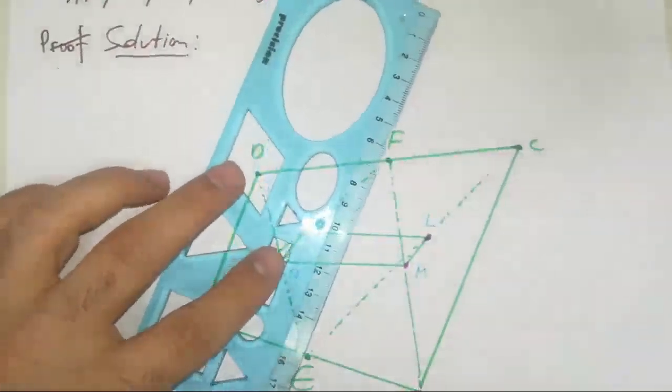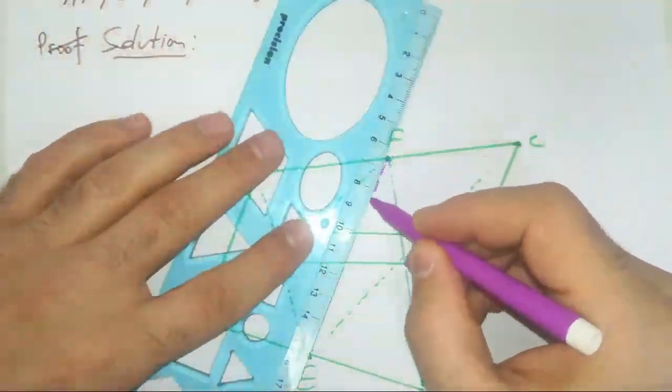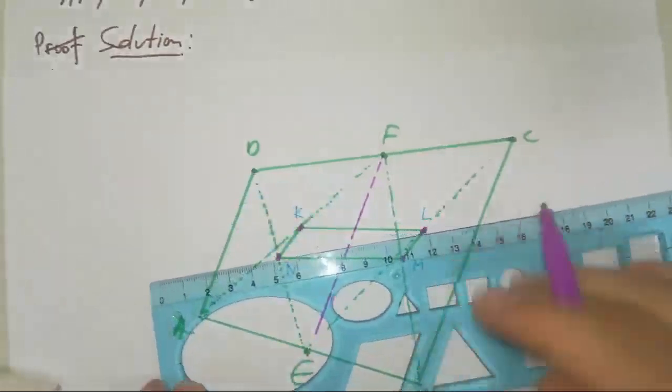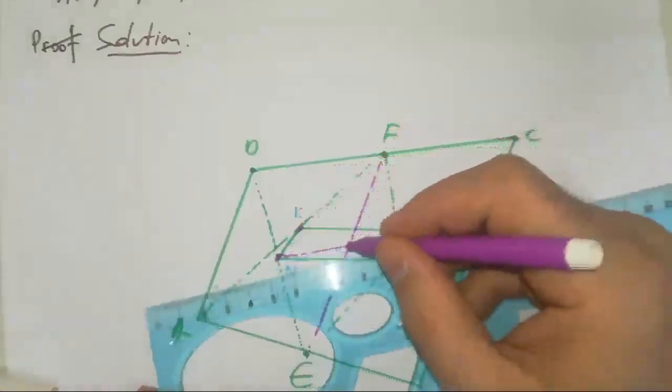I can draw it here. Let's draw EF, and KM, and LN.